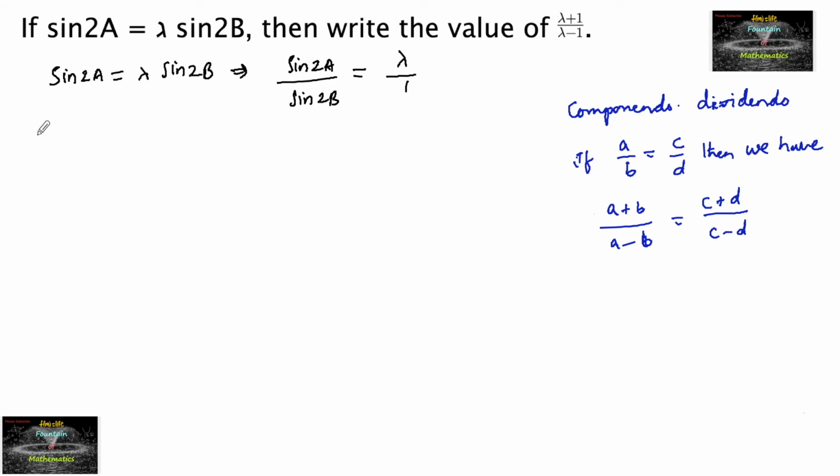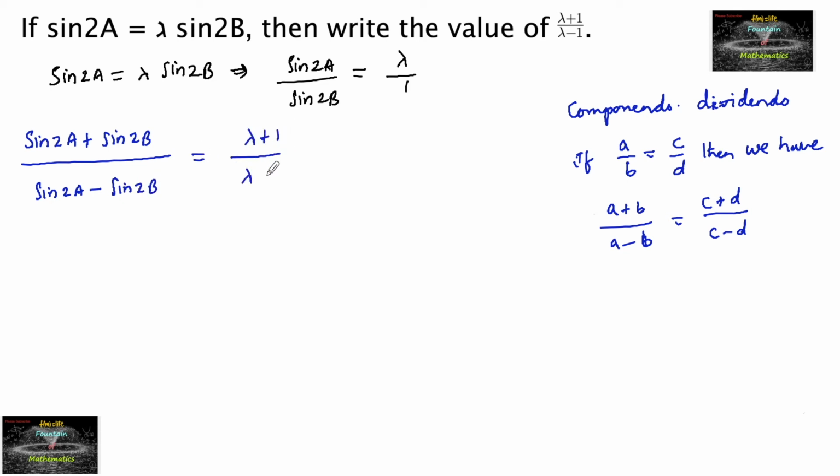So here let us apply. We have sine 2a plus sine 2b upon sine 2a minus sine 2b, which equals lambda plus 1 upon lambda minus 1. So let's simplify the left side. The numerator is in the form of sin x plus sin y.